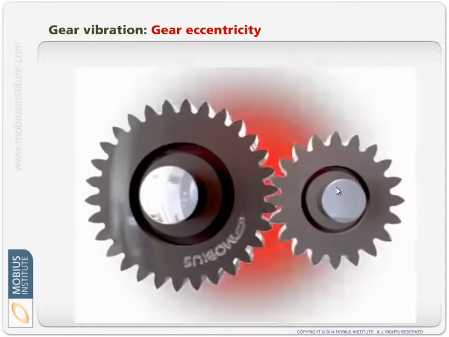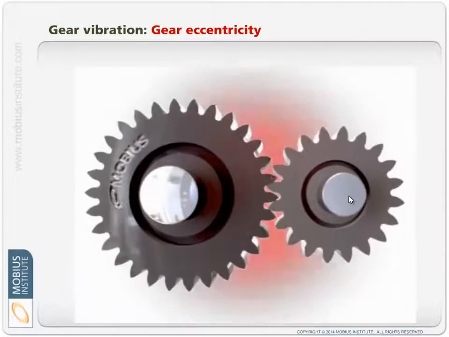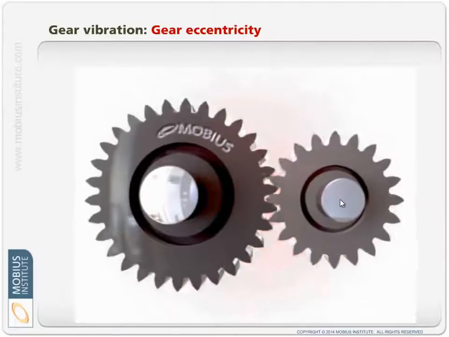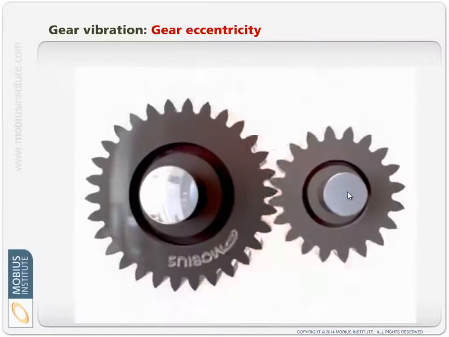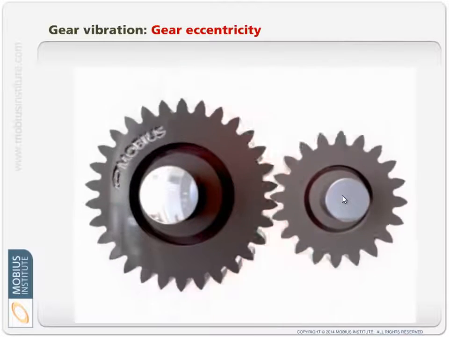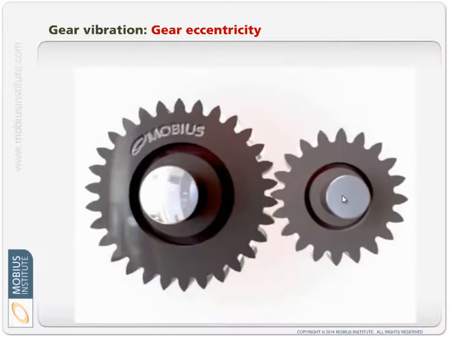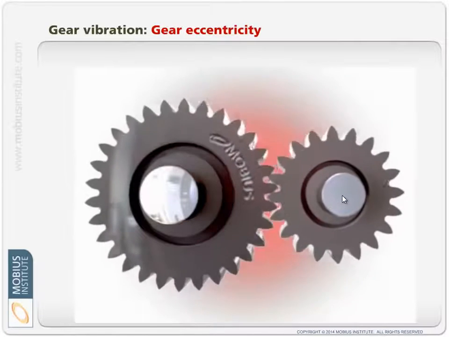But when we look at this one, in actual fact, if you look closely, the way I've animated this particular situation, the shaft itself is moving in a circular orbit. So if I leave my mouse in one reference position, you can see that the shaft itself is moving in a circular motion.